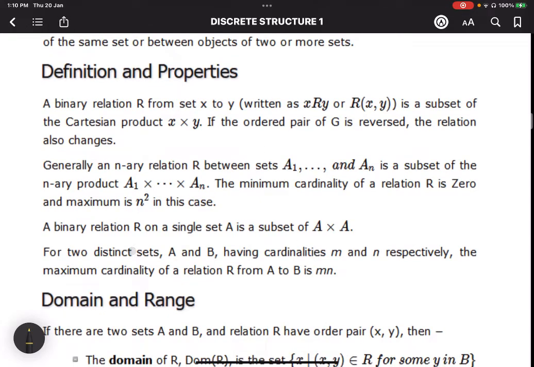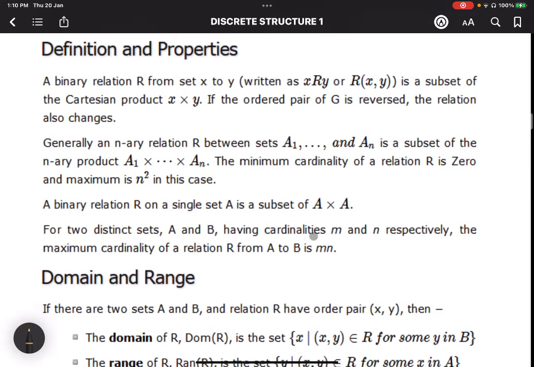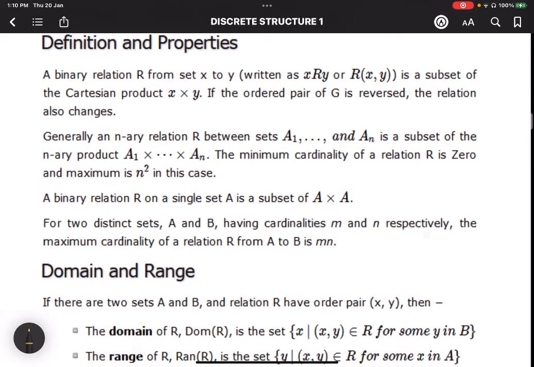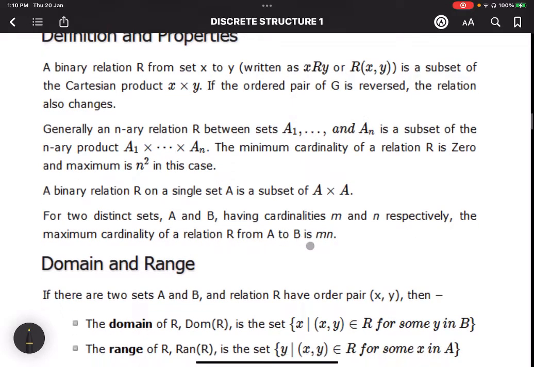For two distinct sets A and B, having cardinalities m and n respectively, the maximum cardinality of a relation R from A to B is mn, or m times n.